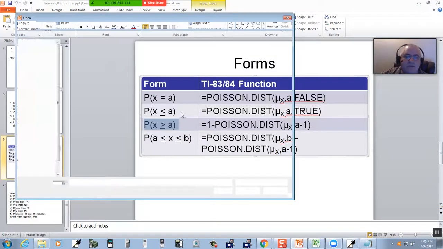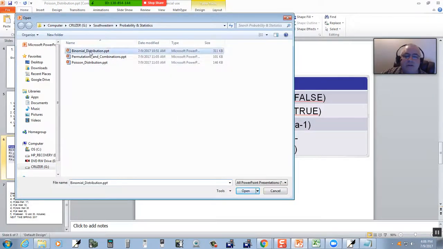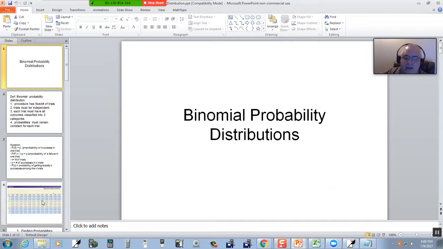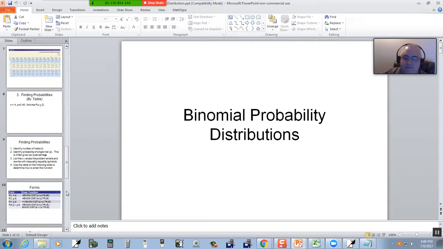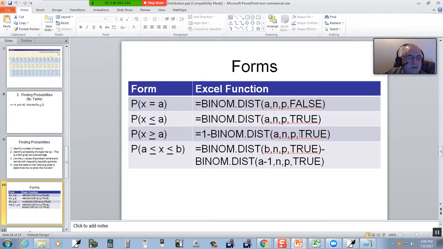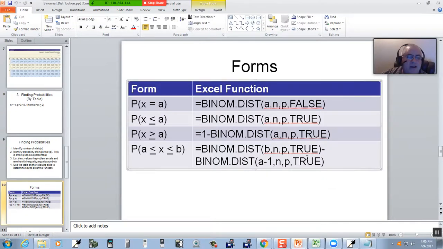Let me make sure I got the table correct on that. It wouldn't be good to give you an incorrect table. Let me think this through.